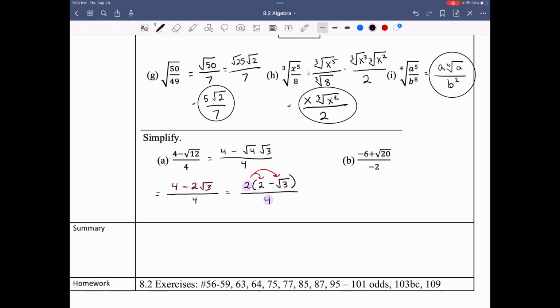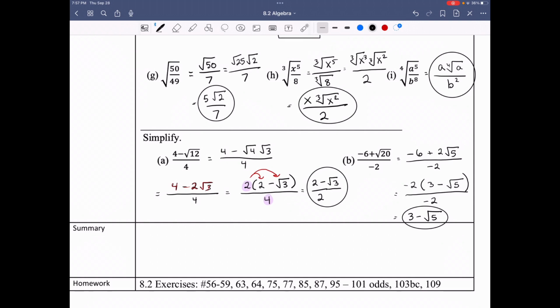You would have gotten a different answer. So the 2 becomes a 1, the 4 becomes a 2, and we're left with 2 minus the square root of 3. That's as far as that goes. We cannot cancel those 2s. Okay, there's nothing left to factor out. All right, go ahead and work on B and see if you can simplify that further for question B.